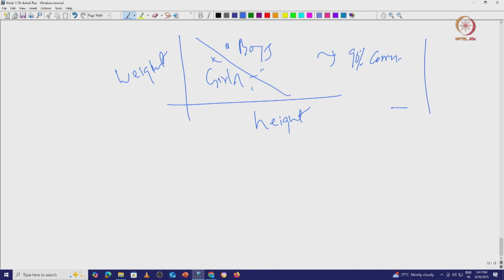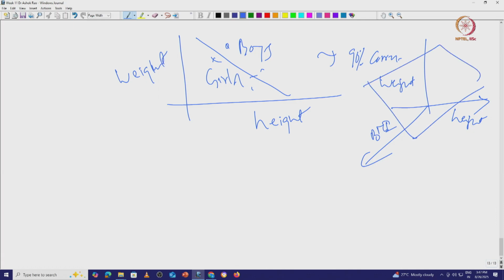Then you can put one more feature, height, weight, you can even put body mass index BMI, and you will get a separating hyperplane in 3D, which may actually give you about 94% accuracy.